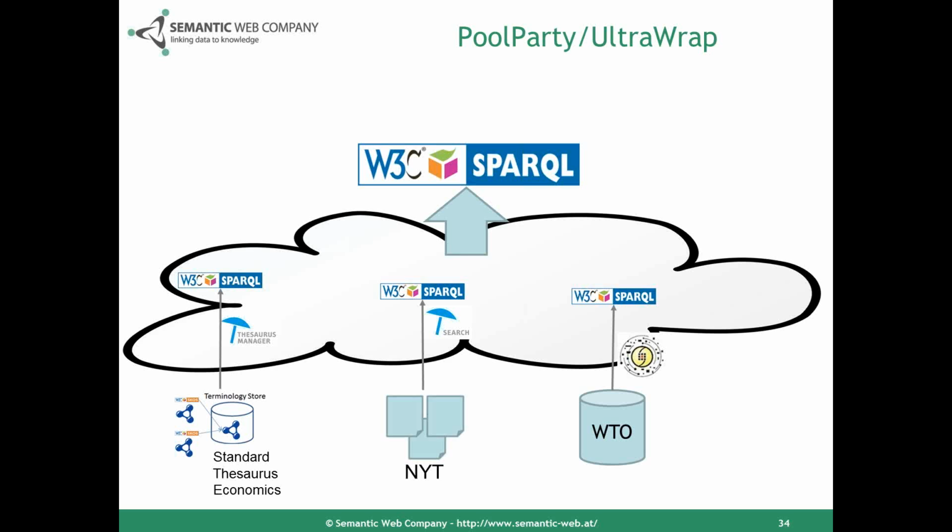So the standard Thesaurus of Economics has been managed by PoolParty's Thesaurus Manager. And then with this thesaurus, using the PoolParty search and their extractor, we've tagged the New York Times corpus with this economic thesaurus, and then we have linked the thesaurus to the data in this Oracle database.